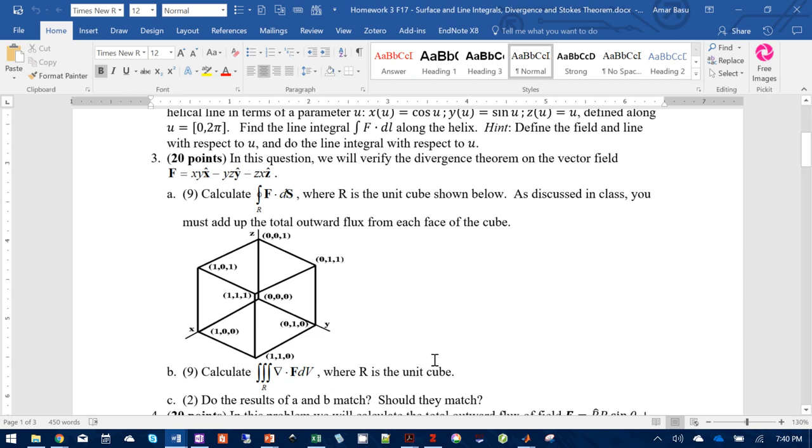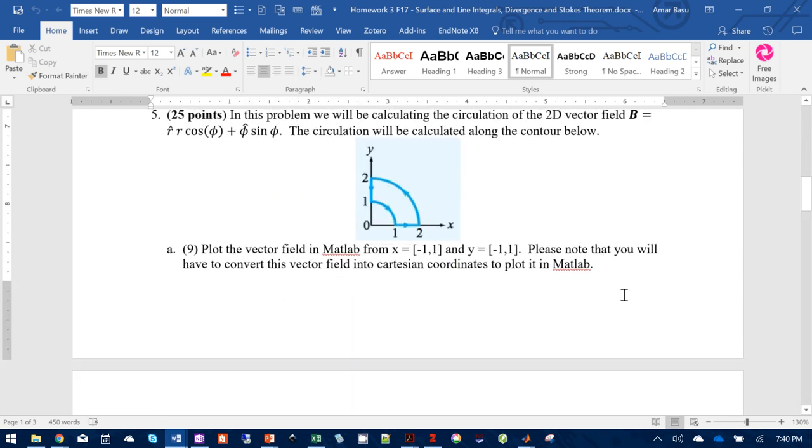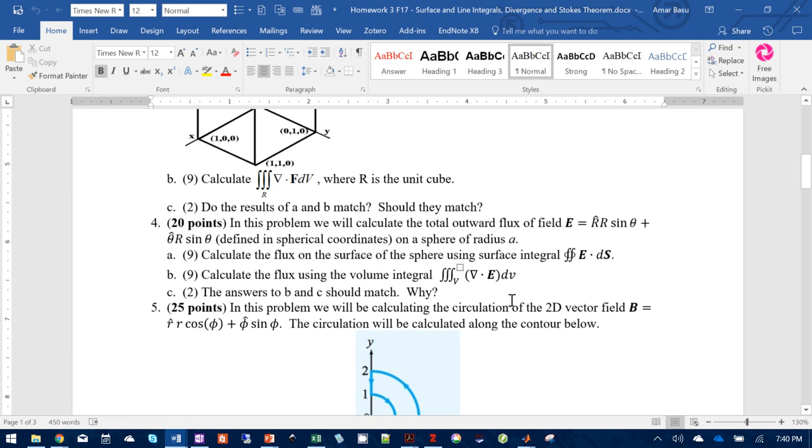In part A, you have a double integral that you need to do. In part B, you try to find the same flux using the volume integral of the divergence. So this is one of those situations where the surface integral actually ends up being less work than the volume integral.